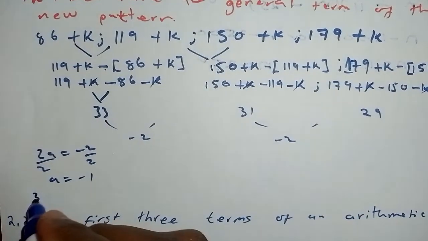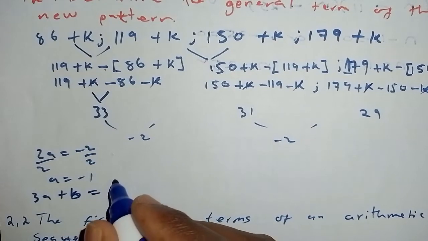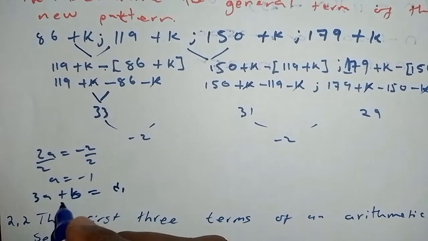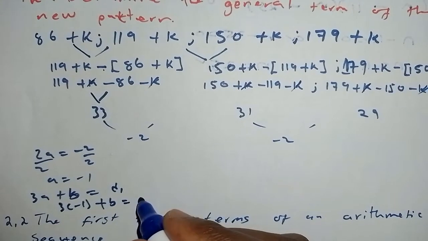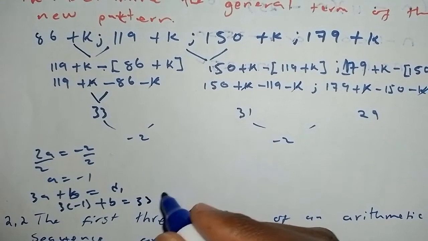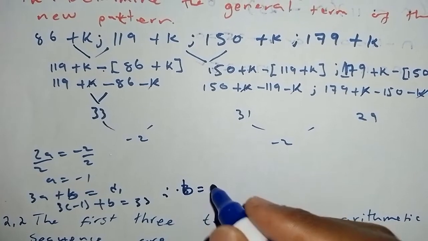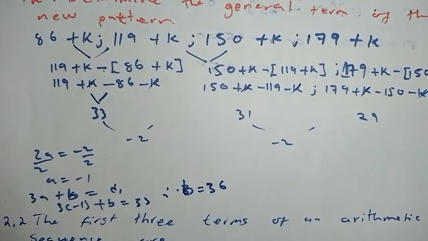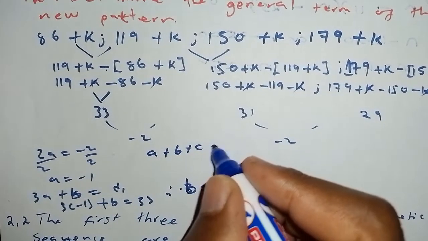Then b, 3a plus b is equals to T2, 3 into negative 1 plus b is equals to 33. Therefore b is equals to 36, right? Then a plus b plus c is equals to T1.